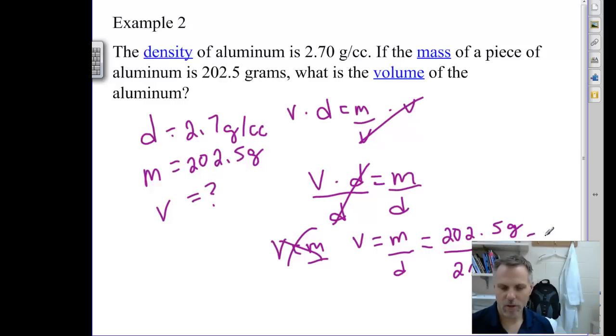And what this will give us, if we divide this out, 202.5 divided by 2.7, will give us 75 centimeters cubed.